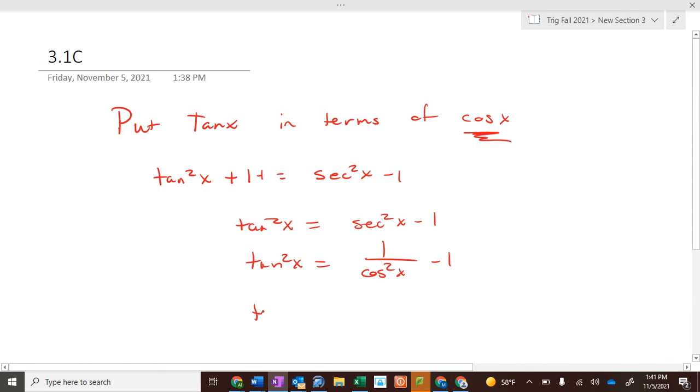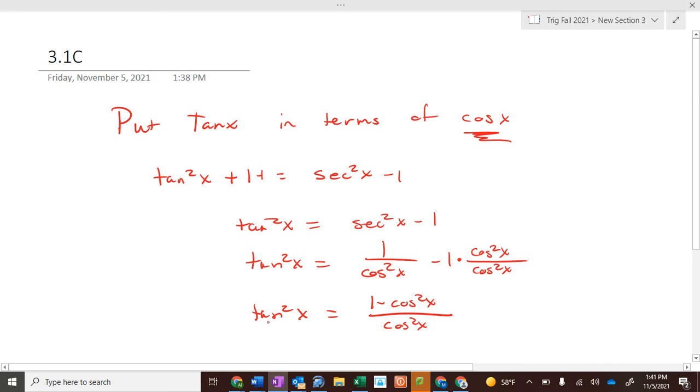Now, what I need to do for this one is to get a common denominator so there's just one fraction. So what's 1 the same as on a common denominator? Cosine squared of x over cosine squared of x. So I get 1 minus cosine squared of x over cosine squared of x.